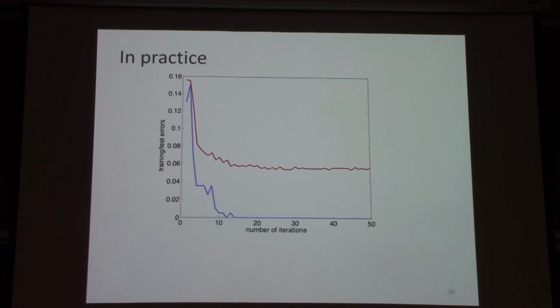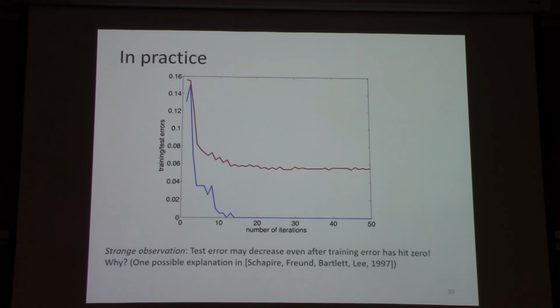There are some kinds of unintuitive results that show up sometimes. In practice, the test error seems to flatten out, and this is a bit of a strange observation that led to a lot of head scratching by a lot of people. There have been many papers written on why this might be the case.